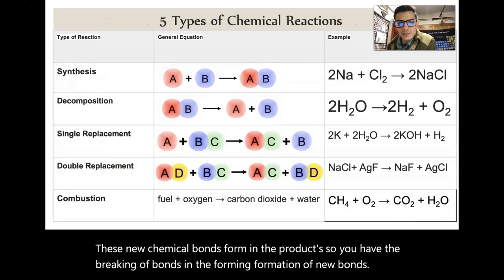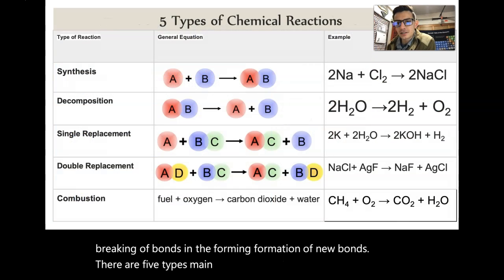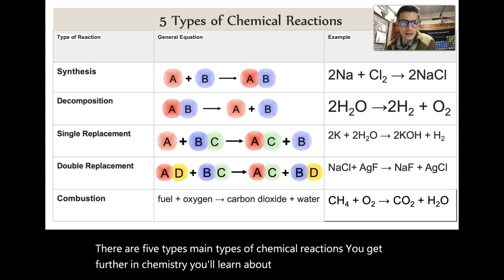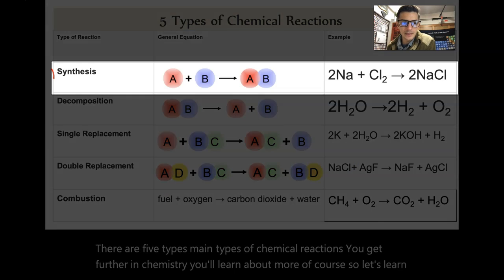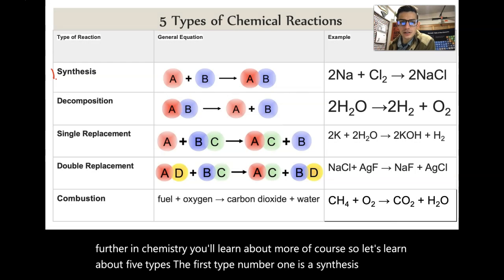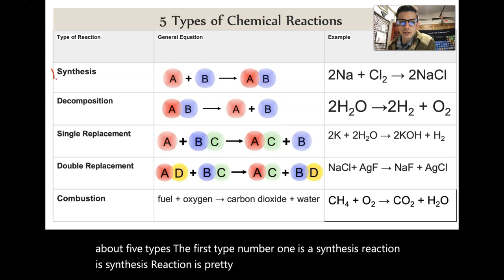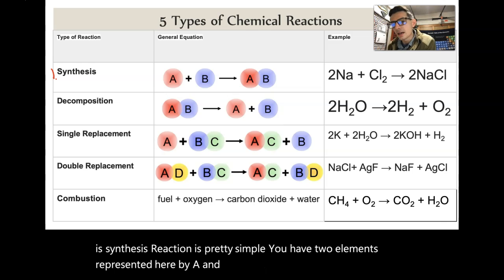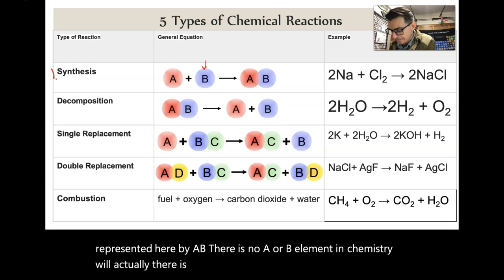There are 5 main types of chemical reactions. As you get further in chemistry, you'll learn about more, of course. So let's learn about the 5 types. The first type, number 1, is a synthesis reaction. In a synthesis reaction, it's pretty simple. You have two elements represented here by A and B. There is no A or B element in chemistry. Well, actually, there is a B for boron, but it's not what we're talking about here.